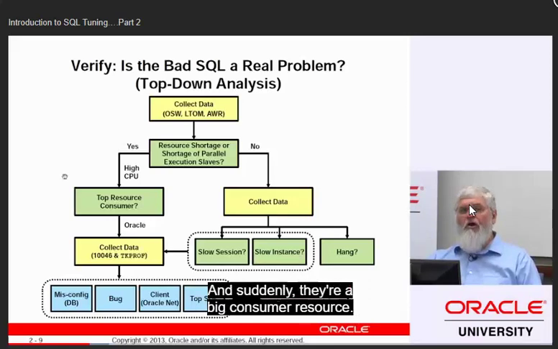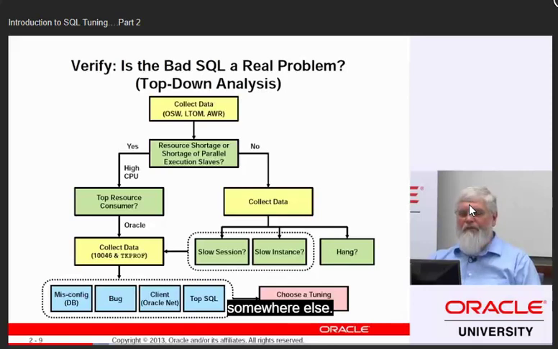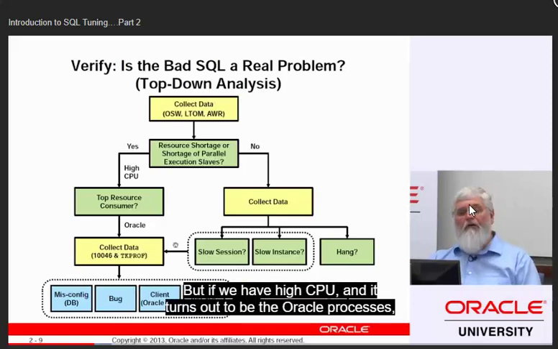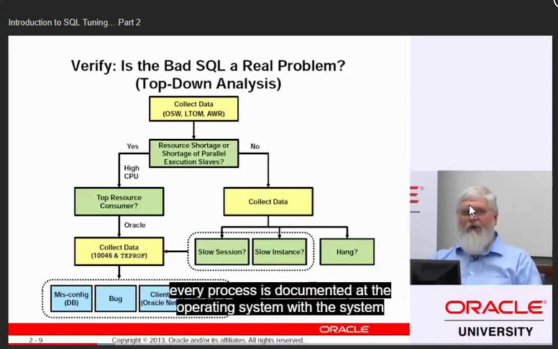But if we have high CPU, and it turns out to be the Oracle processes, it's relatively easy to check with a ps command if they belong to Oracle. Every process is documented at the operating system with the system ID of the database that we're running. So if this is the ORCL database, it will have ORCL.